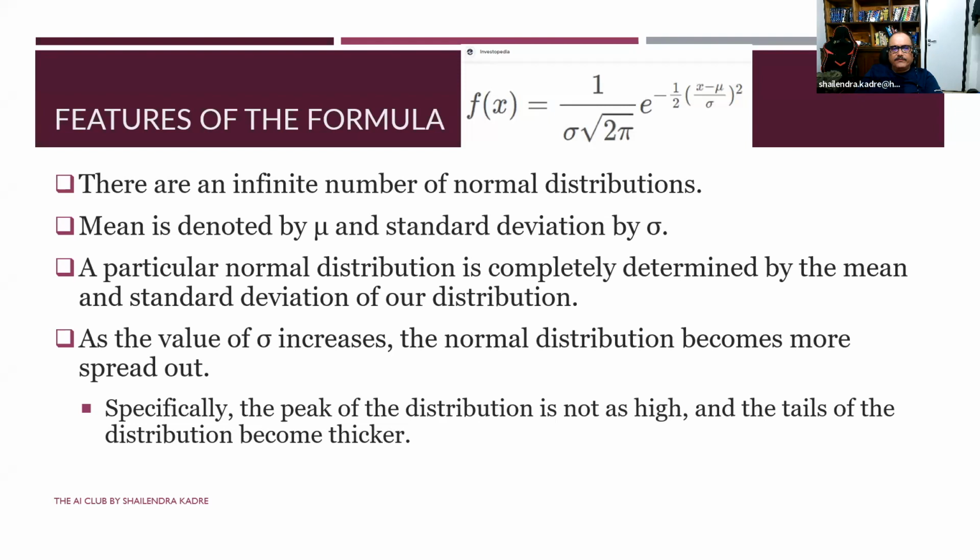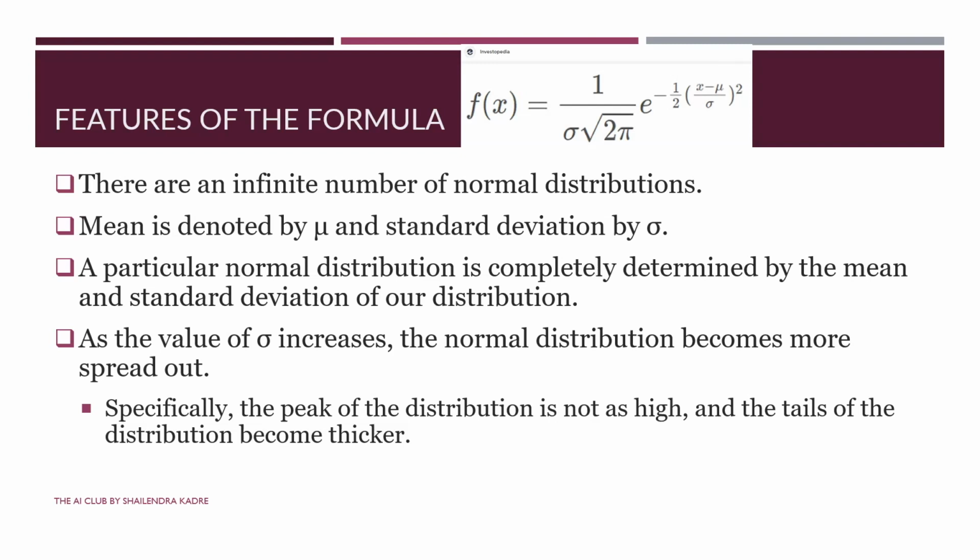Two main variables are sigma and mu, and the normal distribution curve is completely defined if we know them. Is it understood?